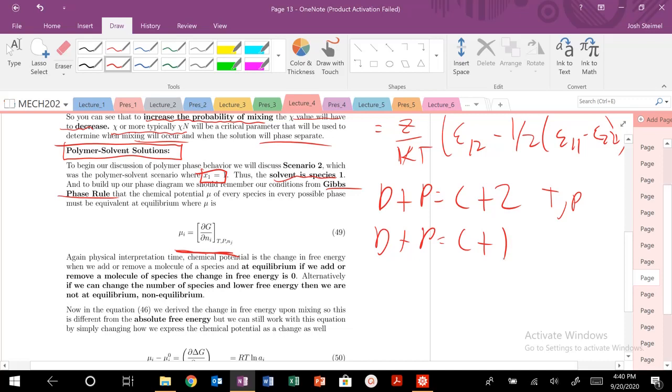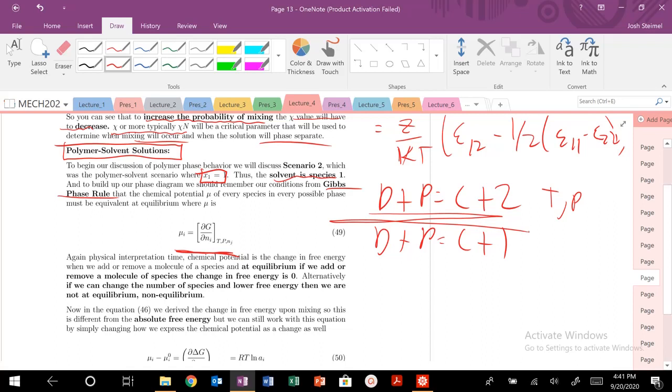But anyways, if you read back through our OER, that is the way you obtain the Gibbs phase rule, how many degrees of freedom you have depending on where you're at in the phase diagram.